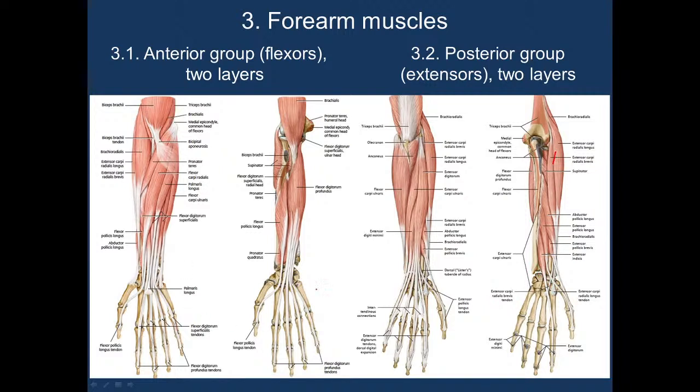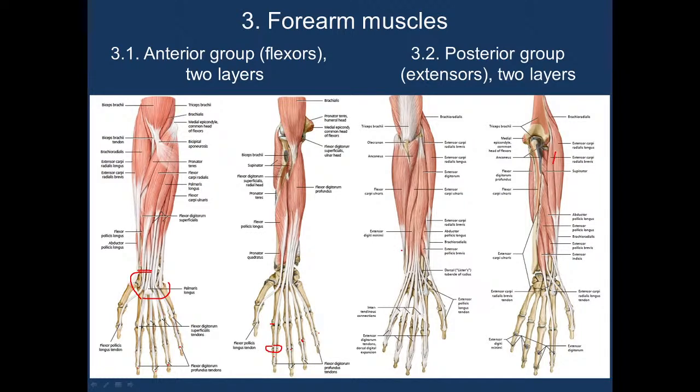Typically, all of forearm muscles have long tendons which fix to the phalanges of the hand bones, and they flex not only the radiocarpal joint, but they also act as a flexor for metacarpal and metacarpophalangeal joints, as well as for the interphalangeal joints.